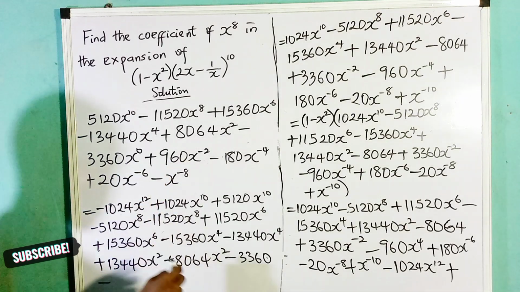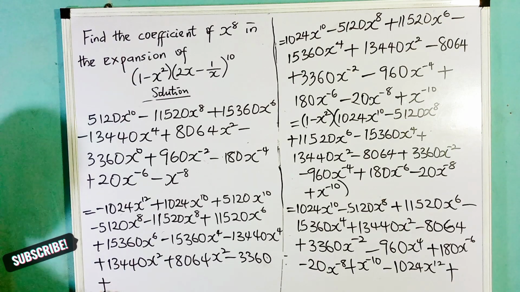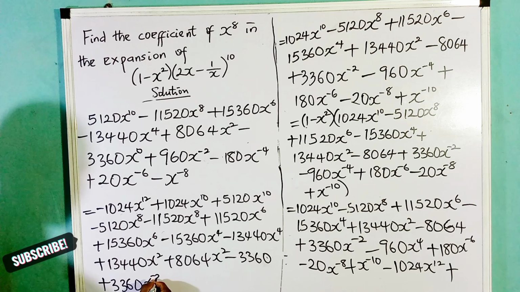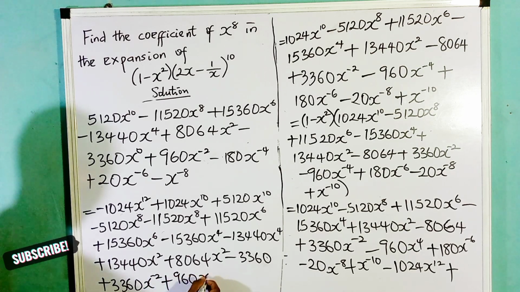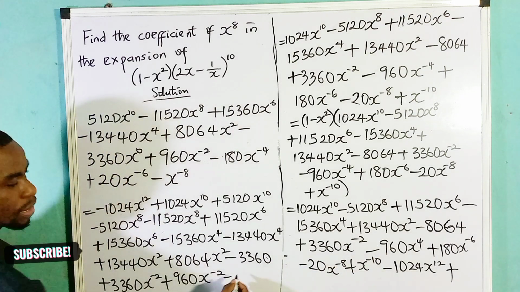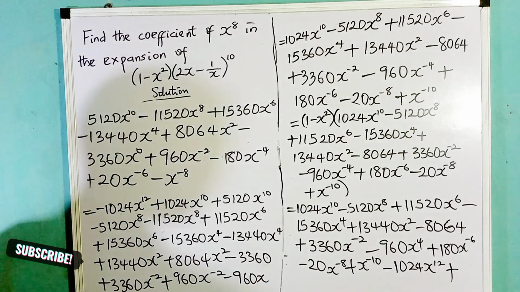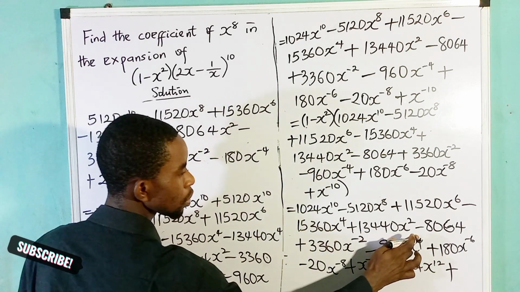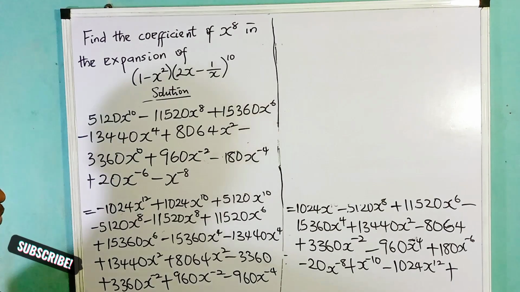We have the next one, which is this plus 3360 x raised to power minus 2 plus 960 x raised to power minus 2 minus 960 x raised to power, it should be minus 4. Sorry, it should be minus 4 x raised to power minus 4.